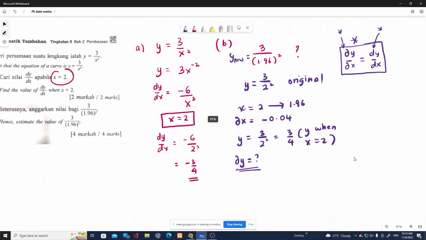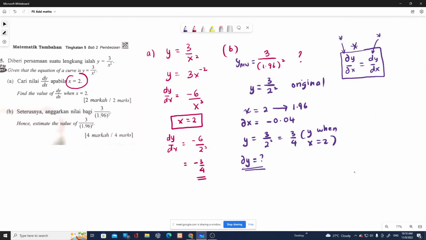Okay, so now we need to find delta y, which is a small change in the y. And if you bring your delta x to the right side, it becomes dy over dx multiplied by delta x. Understand?